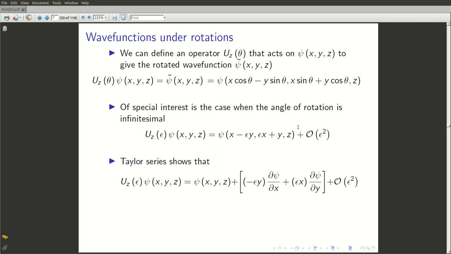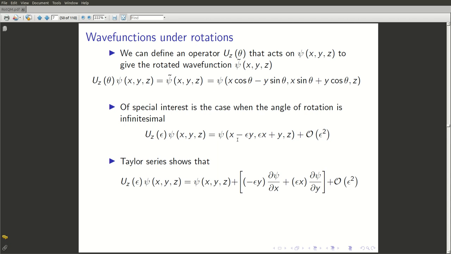Instead of x, y and z, the function has been evaluated at a point which is minus epsilon y away along the x coordinate, plus epsilon x away along the y coordinate, and at z itself. So we can simply use a Taylor series to show that this new function U_z of epsilon psi at x, y, z is nothing but the old function psi at x, y, z.